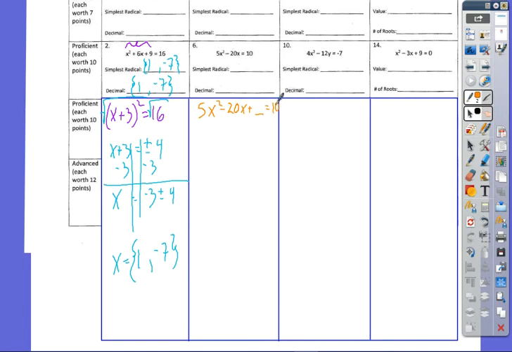Well, in the completing the square process, we need to have a quadratic term that is a perfect square. And 5 is not a perfect square. So we are going to divide everything by 5 so that we have a perfect square term for our quadratic term. So divide by 5, divide by 5, divide by 5.